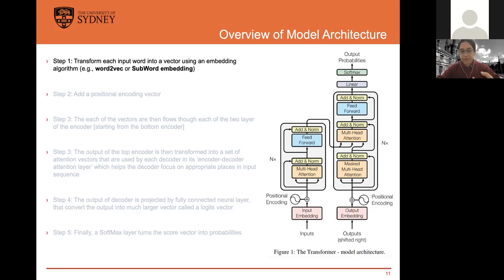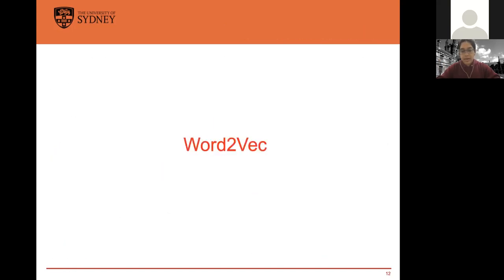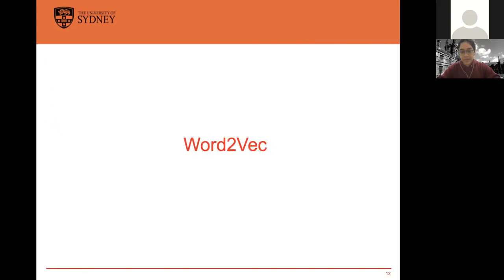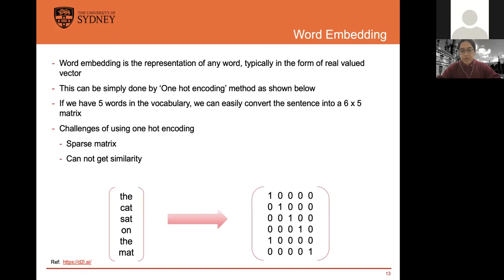There are a couple of algorithms that do this kind of work, like word2vec and subword embedding. I'll also explain these algorithms here. In the paper, they have used this algorithm to convert every word to vectors.